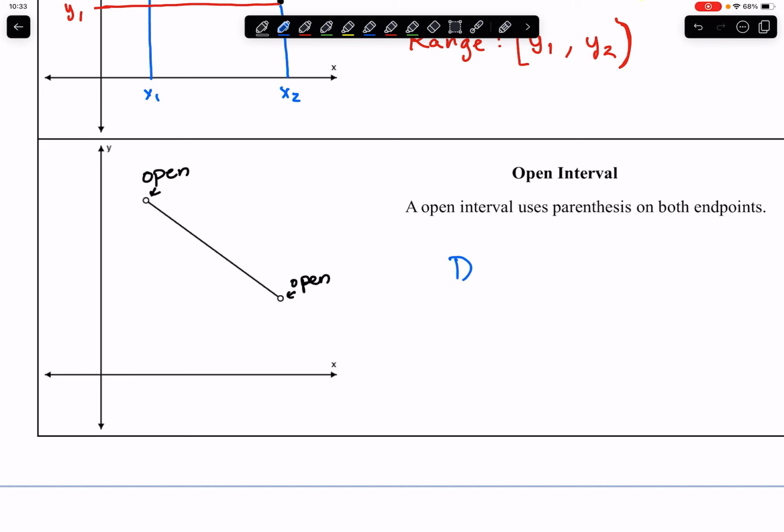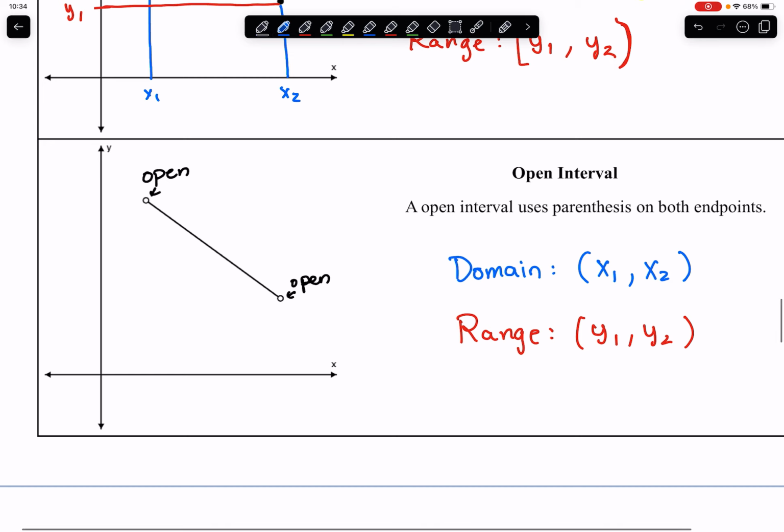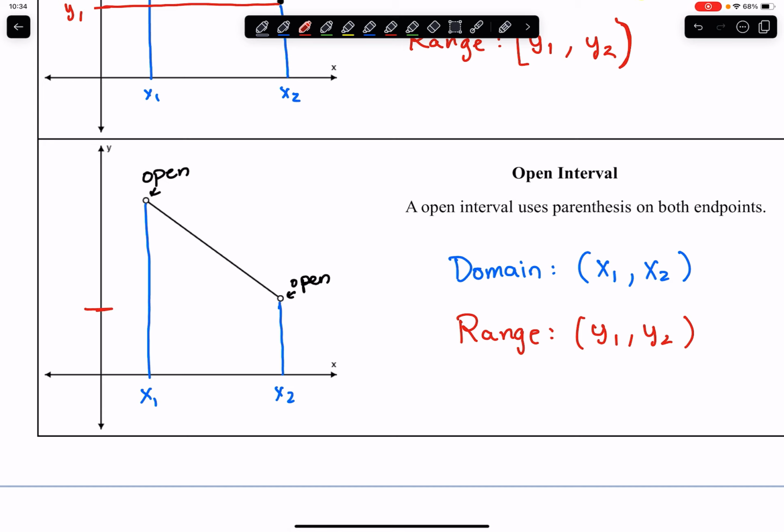So for the domain here, x1 to x2 will be open, and the range, the same thing. y1 to y2 will also be open.